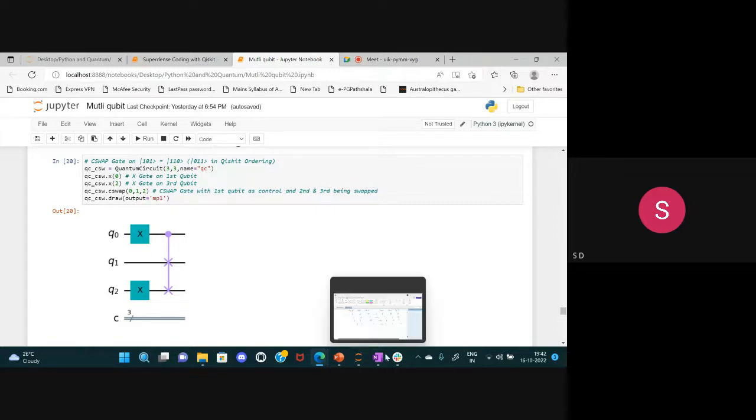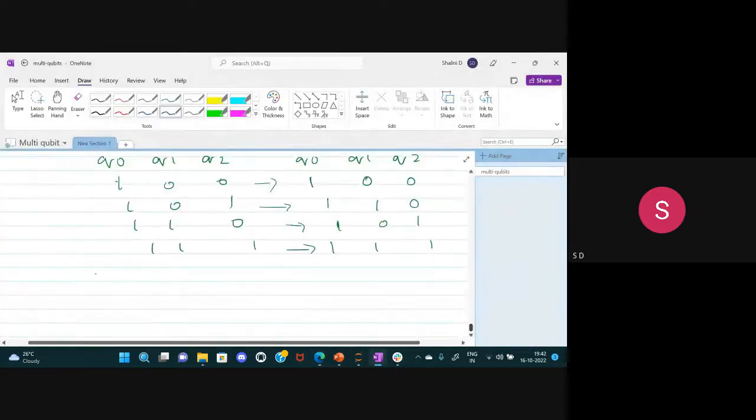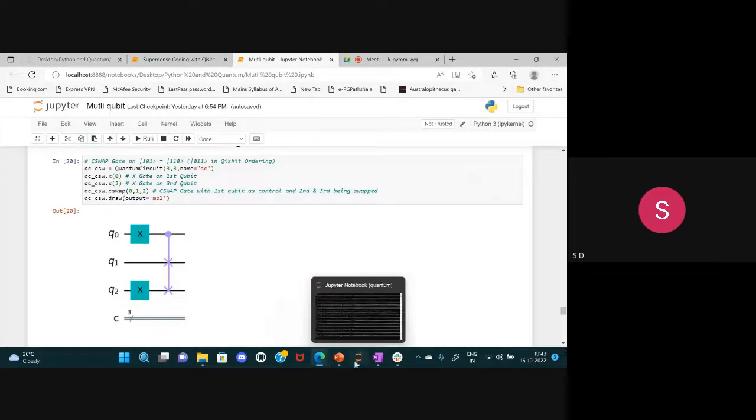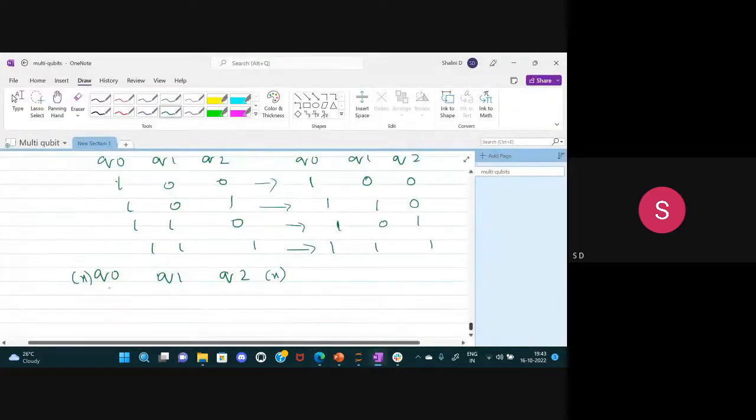For Q0, Q1, and Q2, they have applied X gates on Q0 and Q2. Let us confirm. So it will be 1, 1, 0. This is the Jupyter notebook.